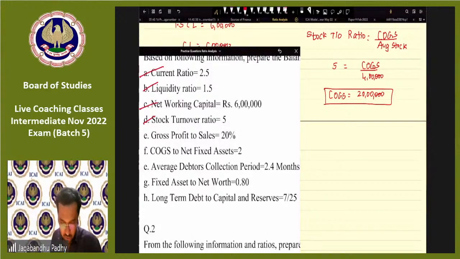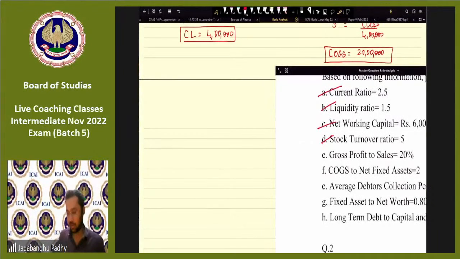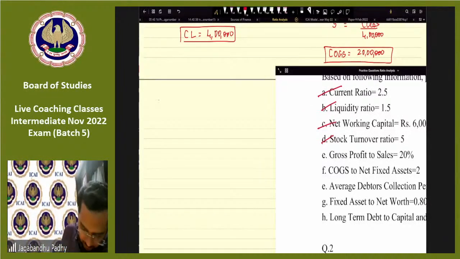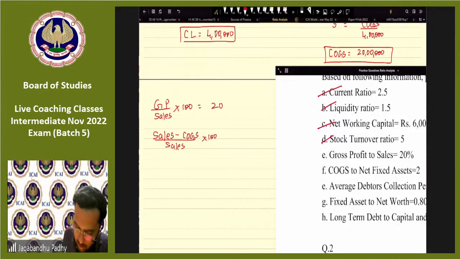Answer it. So COGS is 20 lakh. Now we have gross profit to sales is 20%. We have GP upon sales into 100 as 20. Now, how do we get this GP, sir? This GP is sales minus COGS upon sales into 100 is 20.